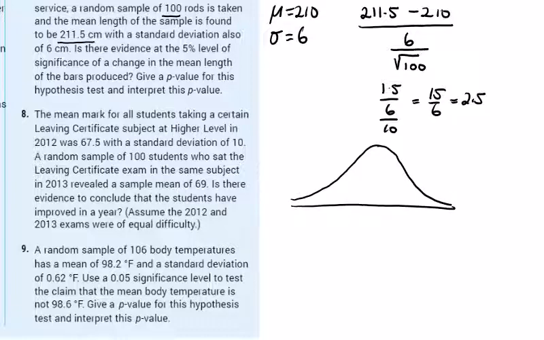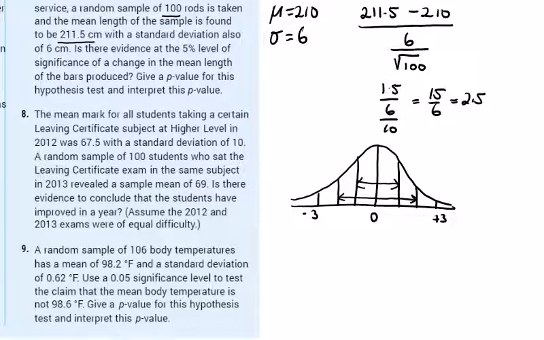So I've got my 0 in the middle. I want to be between plus or minus 1.96 standard deviations to be 95% certain. Here's my plus or minus 2, and then we have plus or minus 3.